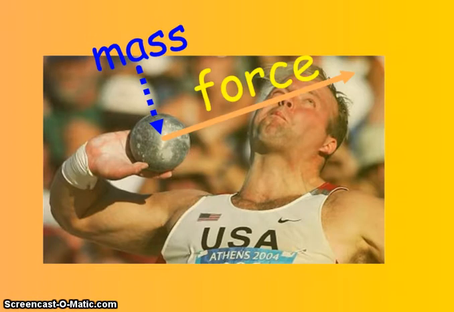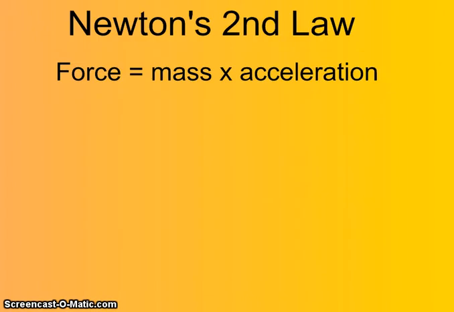He's applying a force to this mass, and when you apply a force to a mass, you can accelerate it. And that's what he's trying to do. And all three of these things, force, mass, and acceleration, are related by what we're going to call Newton's second law.